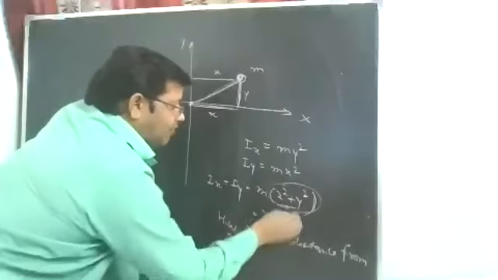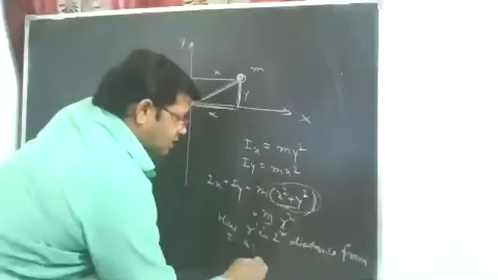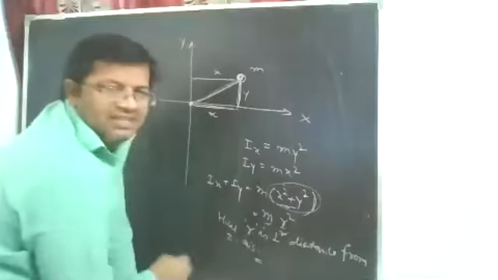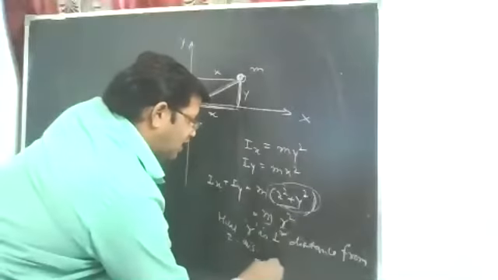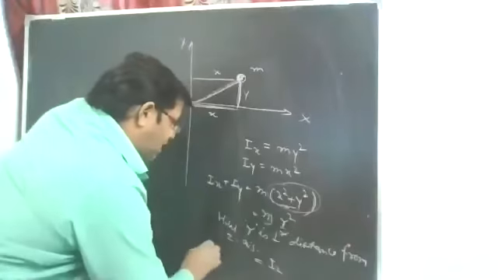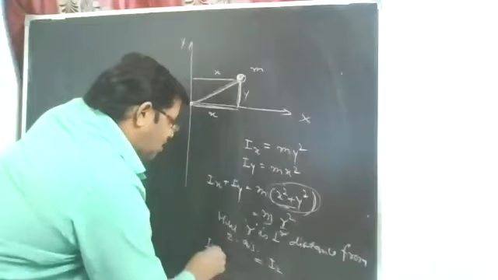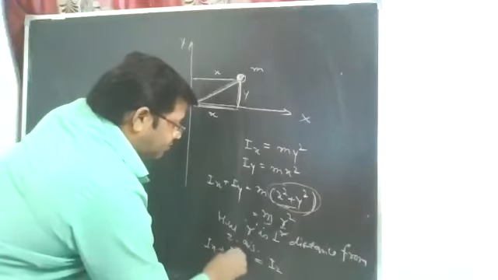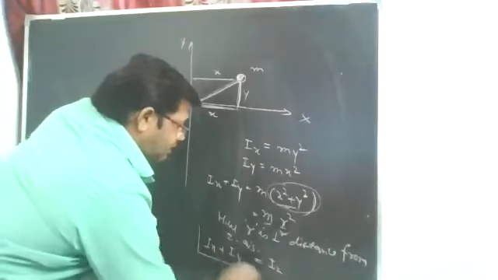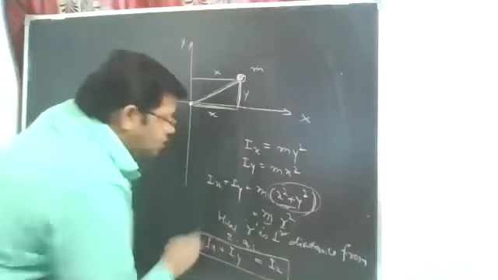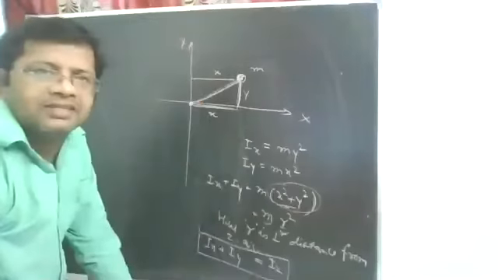So this is the moment of inertia of the body about the z-axis, equal to Iz. Hence proved, Ix plus Iy is equal to Iz. This is known as the perpendicular axis theorem.